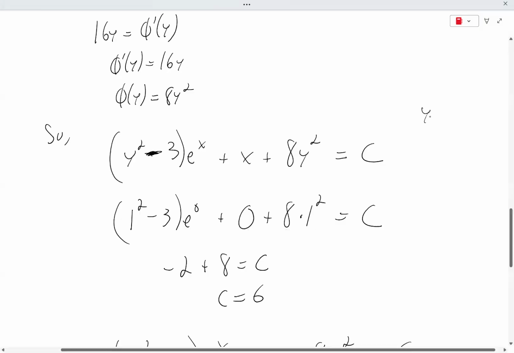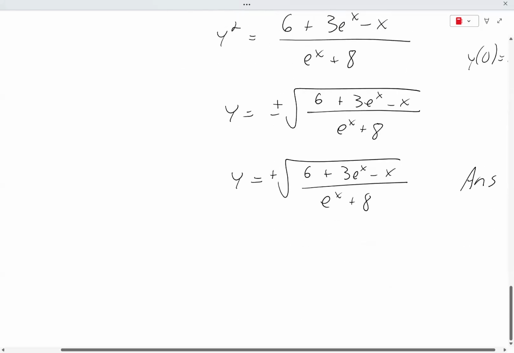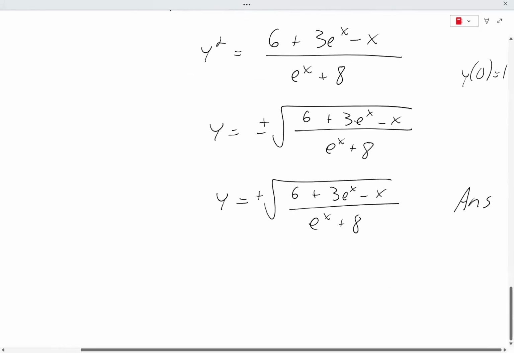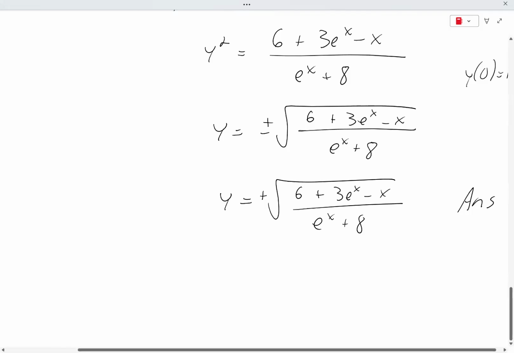If I would have had y of 0 equals negative 1, it would still have been the same c. I would have gotten the same curve, the same implicit solution, but it would have been the other half of it. So, anything on that one? That's that one.